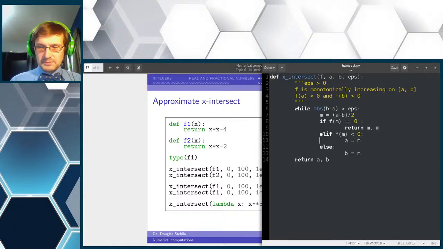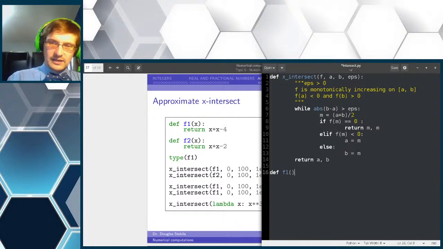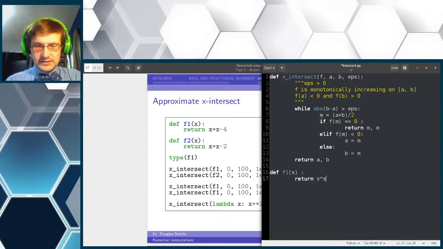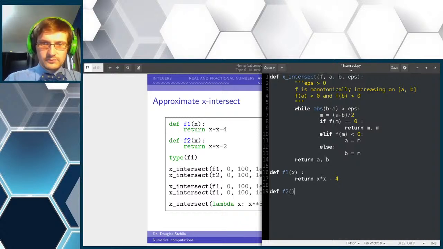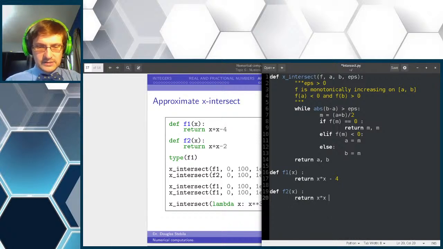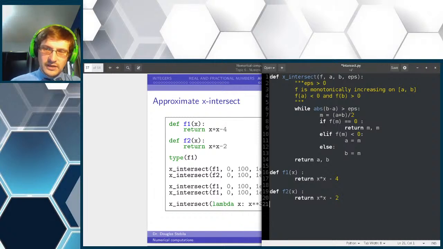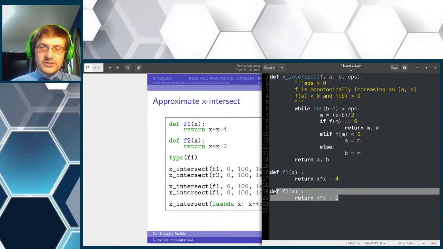So, if we define a couple of functions, say define function 1 of x is return x times x minus 4, and if we define function 2 of x is x times x minus 2, you could use a little bit of mental algebra to understand that the x-intersect for this one is going to be 2, and the x-intersect for this one is going to be root 2.